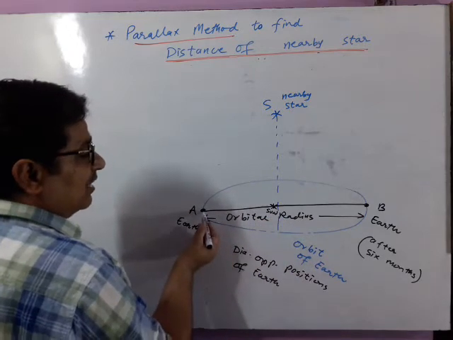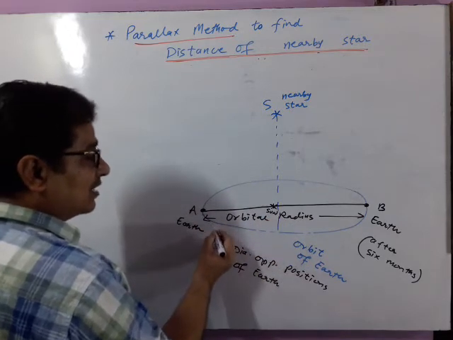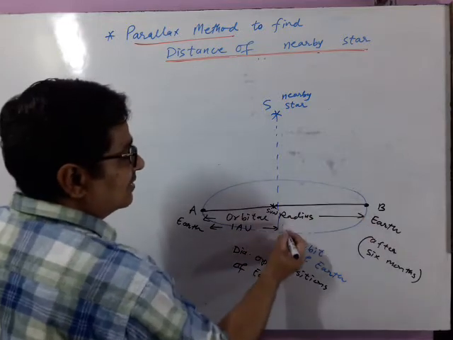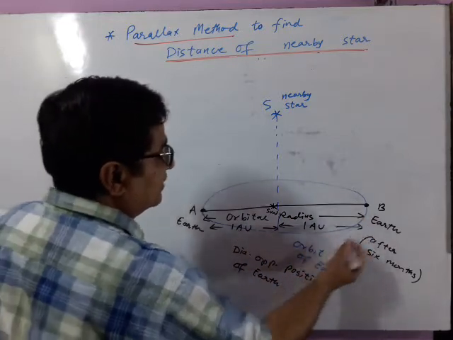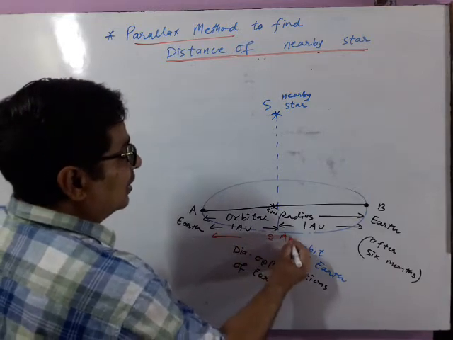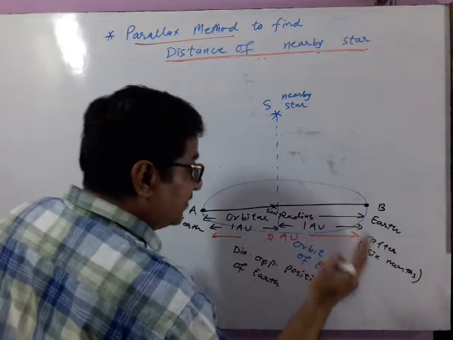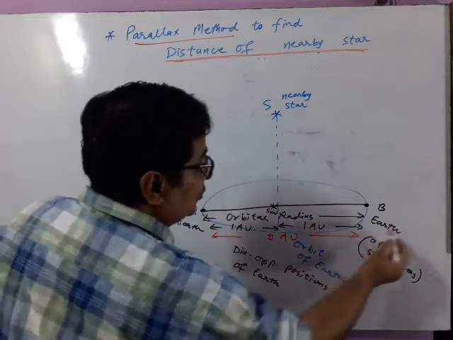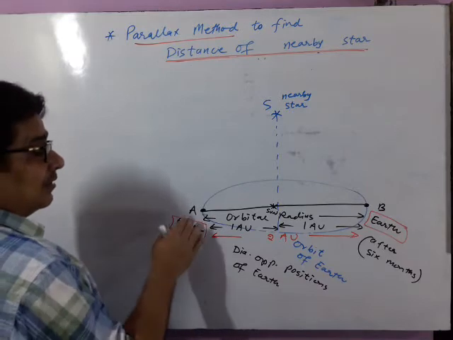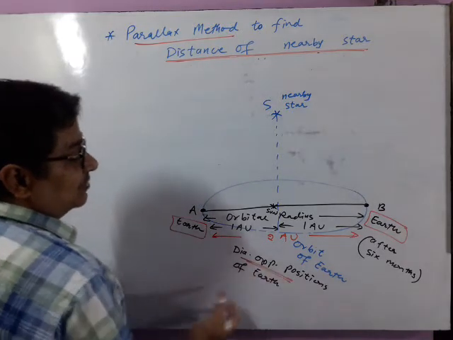So the distance between earth and sun is 1 astronomical unit. Distance between earth and sun again 1 astronomical unit. So the total distance will be 2 astronomical units between two positions of earth, diametrically opposite positions.